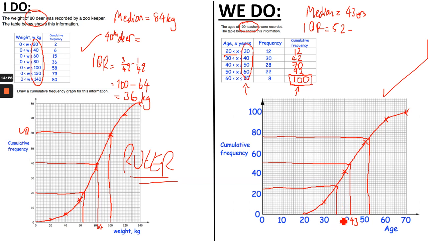Okay, so I think that's going to be about 36. So the interquartile range is going to be about 16 years. Okay, and these are what you can compare with. So again, which one is better? If you're comparing graphs, better is the median, and consistency is all about the interquartile range.